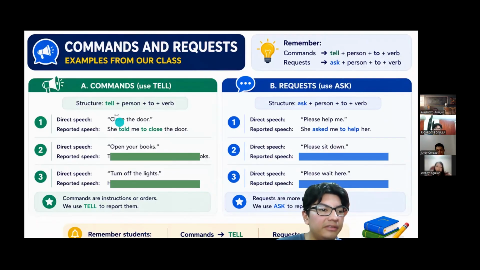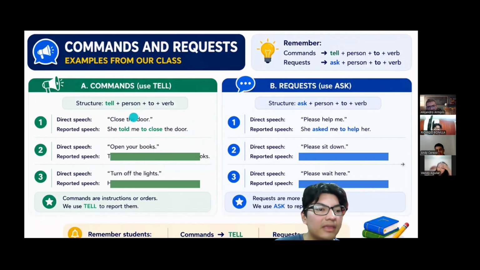What is the difference between this and this? The verb changes to past. Yes, that's it.